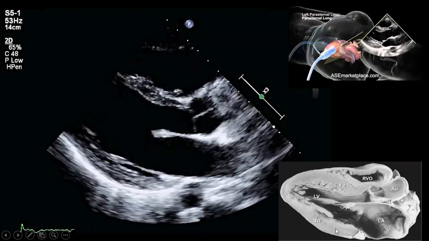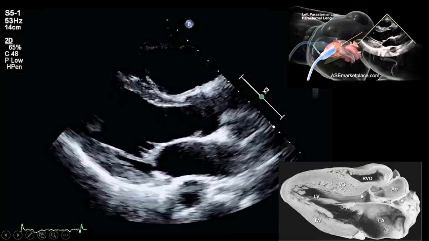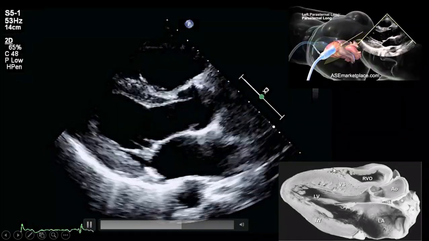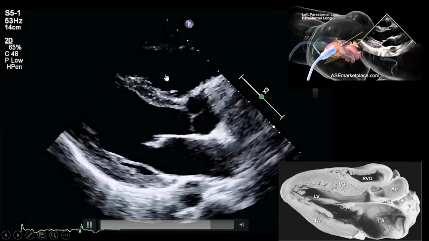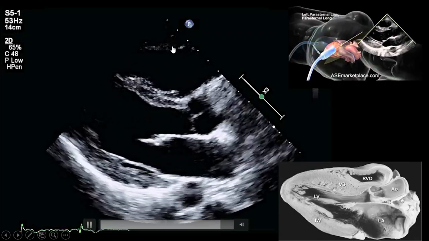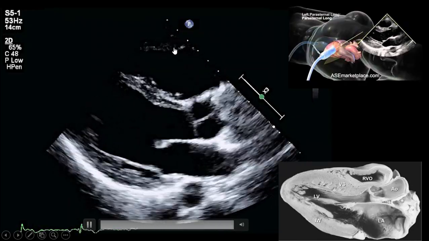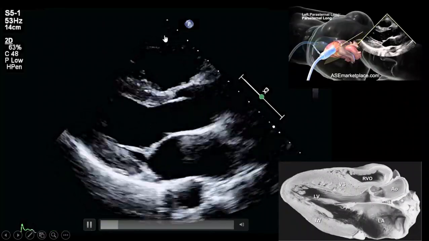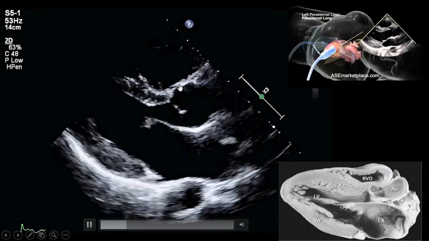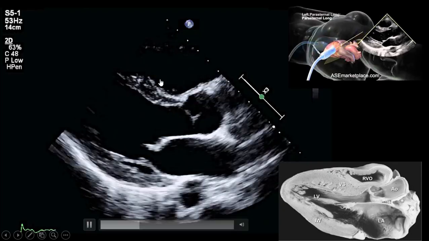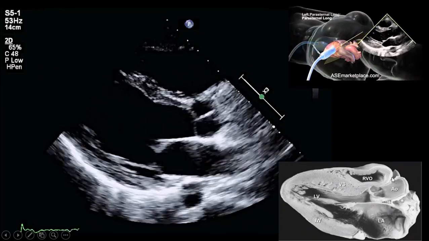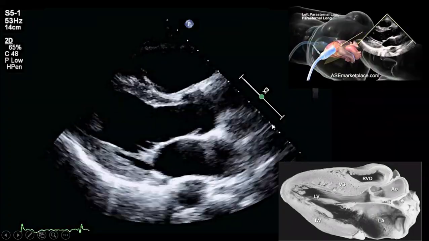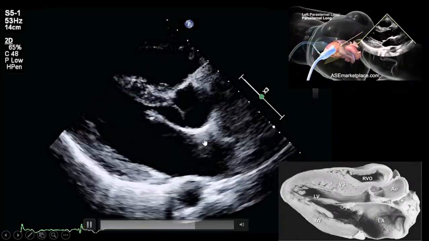The structures, as you see here, that we will notice in the PLAX view are the RVOT and the free wall of the right ventricle. Maybe you don't see this very clearly because the image is not optimized very well and we have near-field artifact. Then we have the IVS, interventricular septum, the anterior wall of the aorta, and two cusps of the aorta, anterior and posterior.